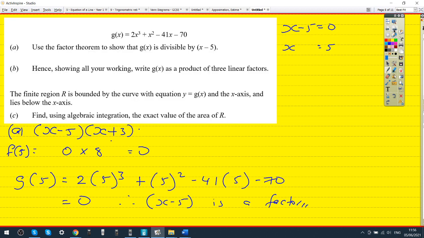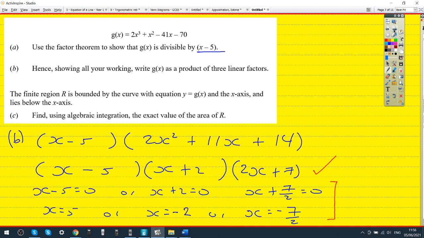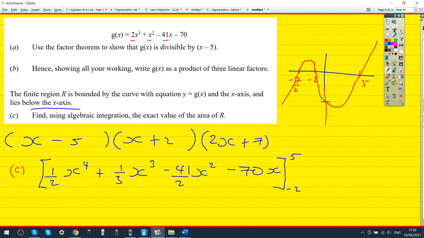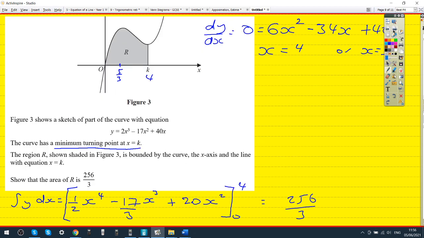For the factor theorem, you'd make that factor equal to 0 and sub in the solution. Show that you get 0. Use the calculator to solve it in reverse, and a graphical calculator helps to see that it was between 5 and minus 2, but you use part B to do that as well. The negative part, yes. dy dx is 0 at a minimum and maximum, and so that'll give you those.